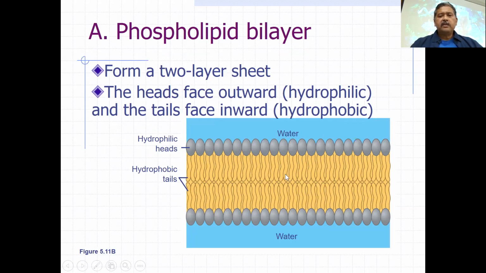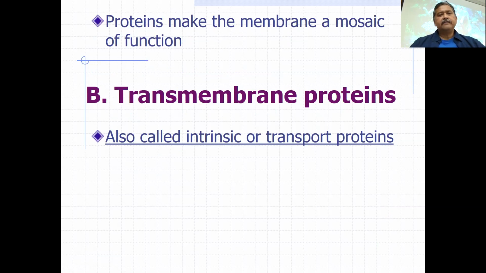And in this picture, in this orientation, the water here is outside the cell, and this represents water that is inside of the cell. So we have hydrophilic heads here and here, and the tails arranging themselves in such a way that they minimize their exposure to water. We call those hydrophobic interactions, and that's what those tails are doing.